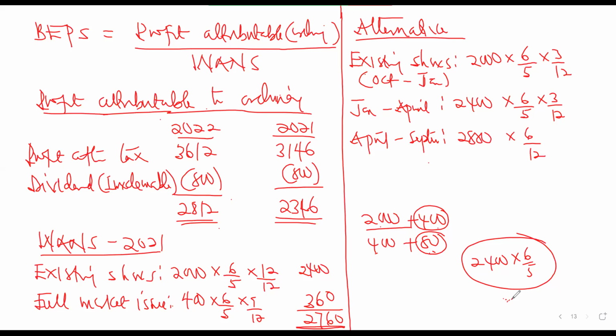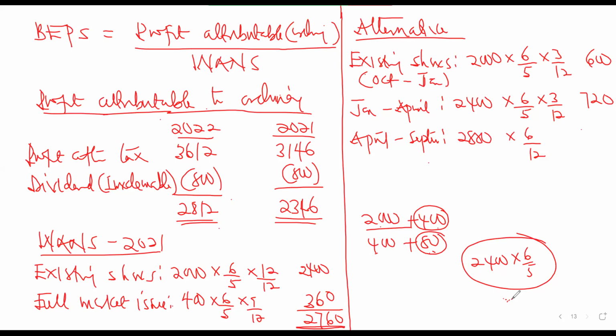But I normally find this one to be too complicated. But anyhow, that you understand it, there's no problem with that. So 2,400 multiplied by 3/12, I'm getting 600. This one is the FM one. Okay, so let's have 2,880 multiplied by 3/12. I'm having 720. And I'll have 2,880 multiplied by 6/12.